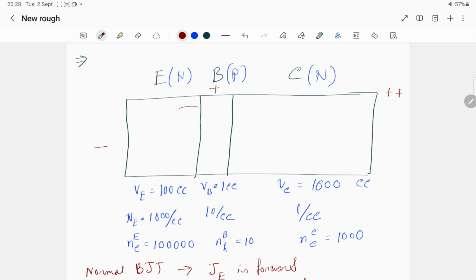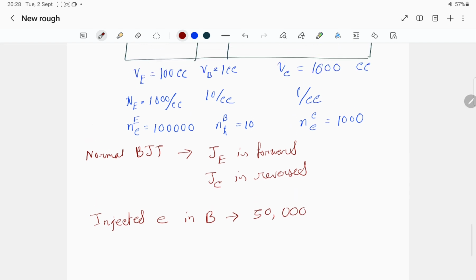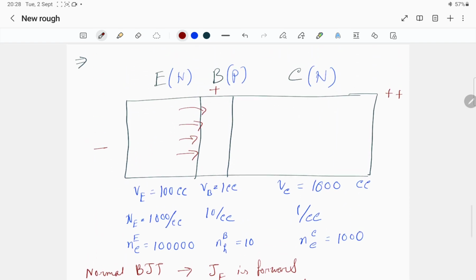So that means a large number of electrons will go towards the base. Let me say that injected electrons in base is at least 50% of this. So 50,000 electrons are injected into base.